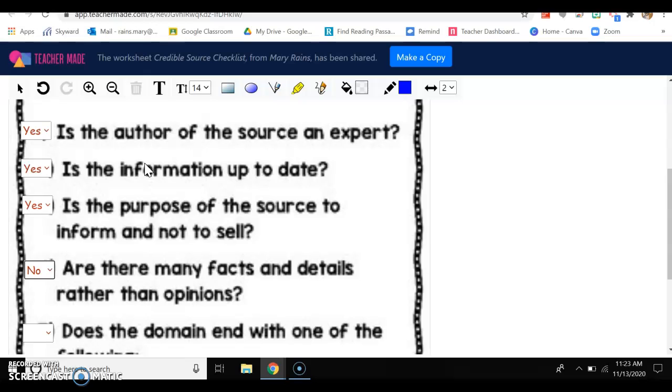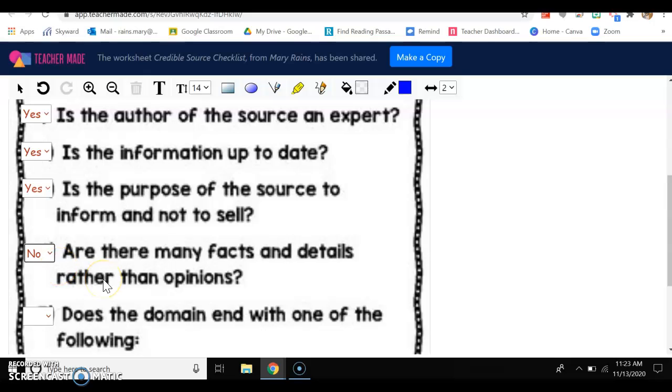This checklist is basically to make you think about these things. And I would say if an article doesn't have 2 out of the 5 of these, then you shouldn't use it. So for example, if these were no's, then I definitely would not be using this source.